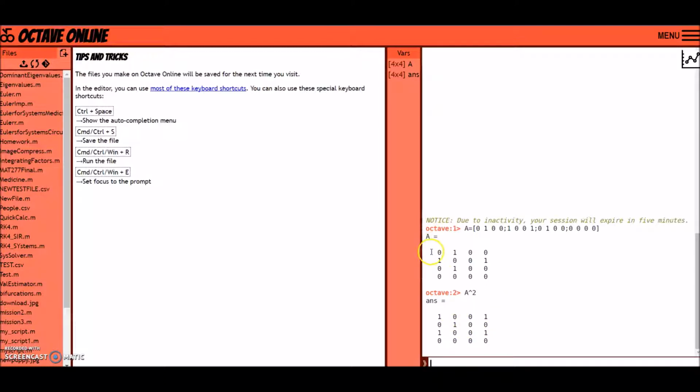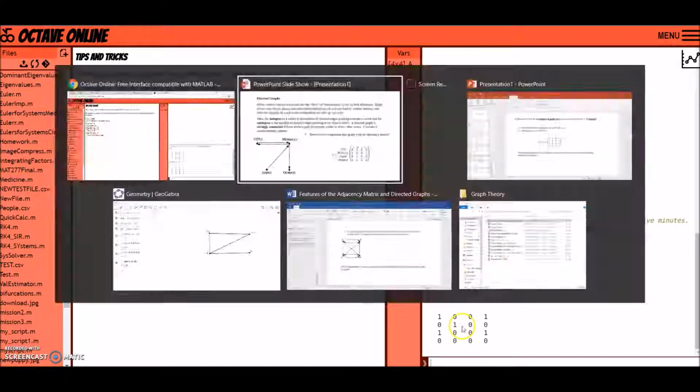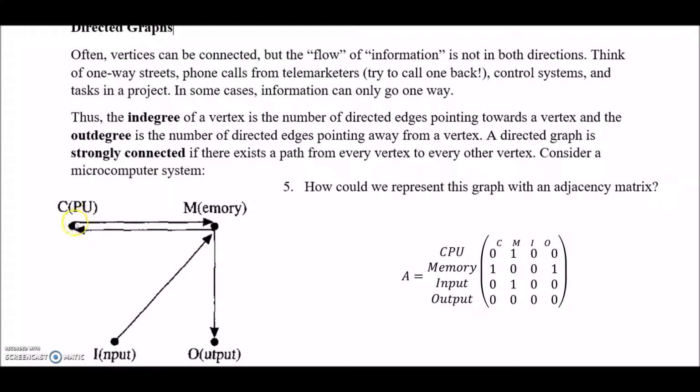So for example, we saw here that the CPU was sending information to the memory, but we see here that the CPU does not send information to the memory. There's no way to get information from the CPU to the memory in a path of length 2. And we see that in the image, that I can send information from the CPU to the memory, but there's no way for me to get a message from the CPU to the memory by going through some other component first.